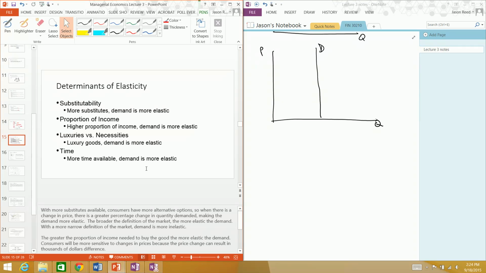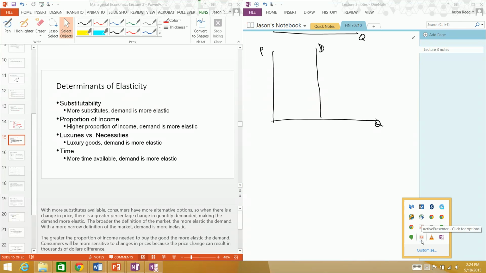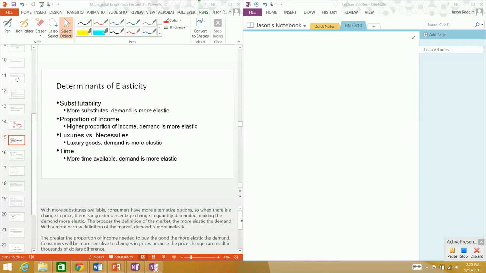And so we say that there are some determinants of elasticity. One of the determinants of elasticity, and I think one of the most important ones, is substitutability. This substitutability tells us that as more substitutes become available, demand becomes more elastic. So the idea is, with consumers having more alternatives and options, they're able to be more sensitive to changes in prices. And we also like to think of proportion of income as playing an important role here in determining elasticity.